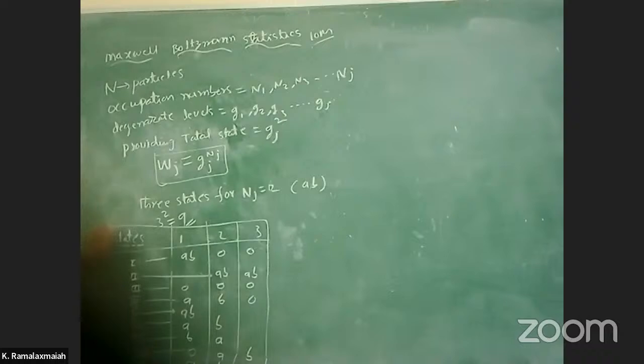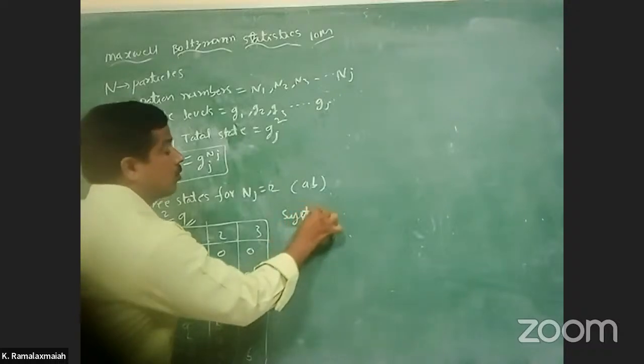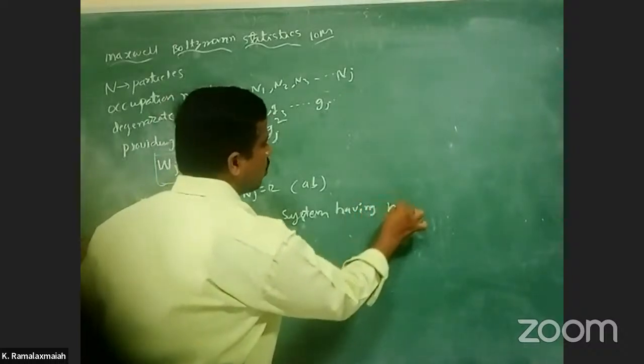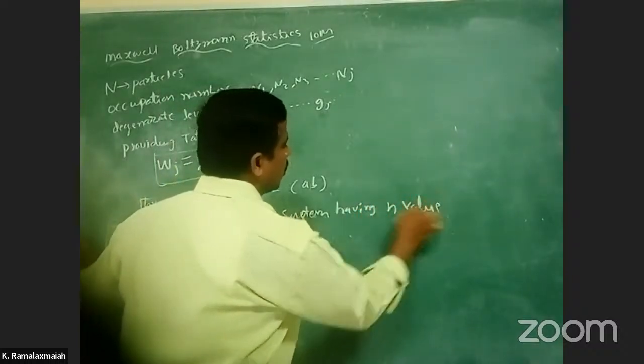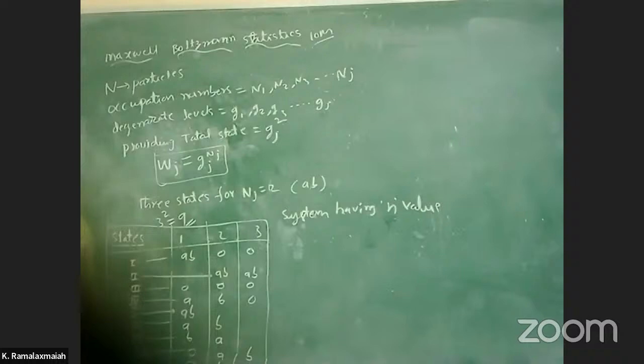That is, a system having small n value, the identical particles.